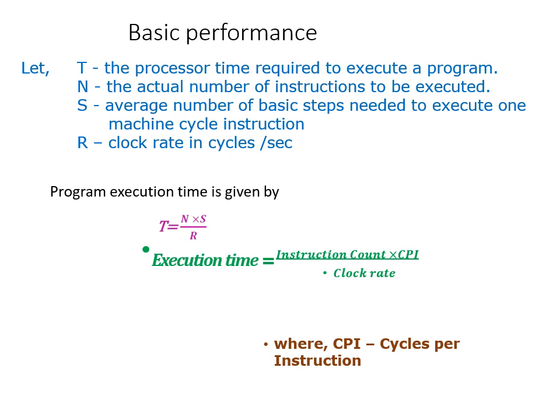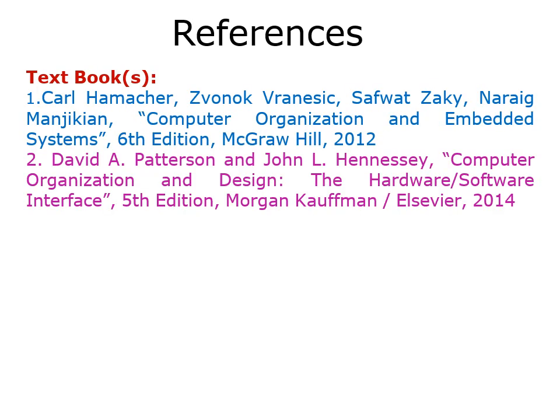S refers to the average number of basic steps needed to execute one machine instruction, and R refers to the clock rate in cycles per second. The execution time can also be given by instruction count × CPI divided by clock rate, where CPI refers to clock cycles per instruction.